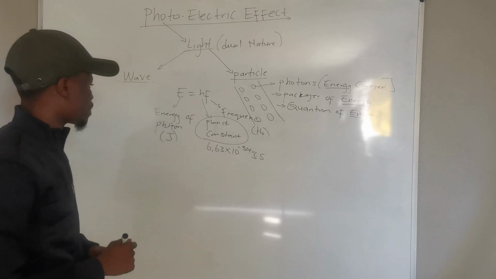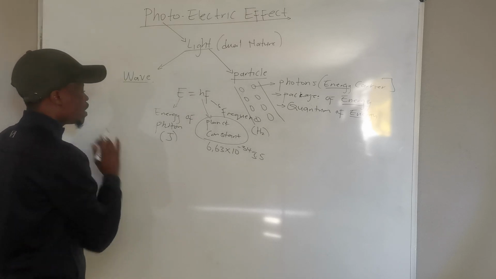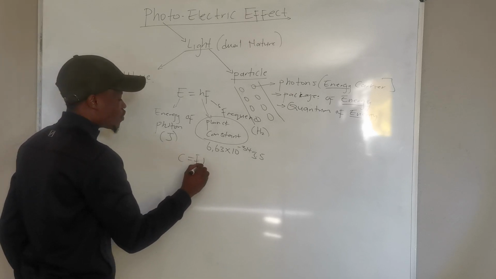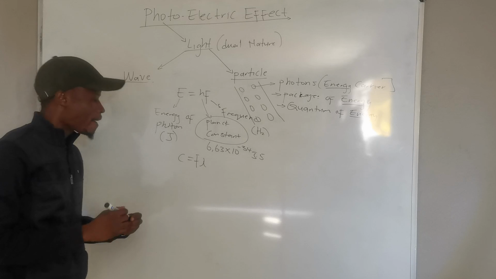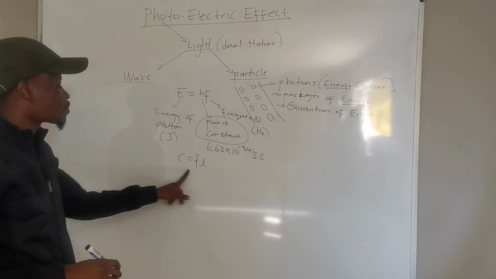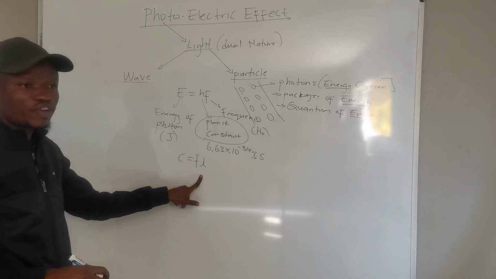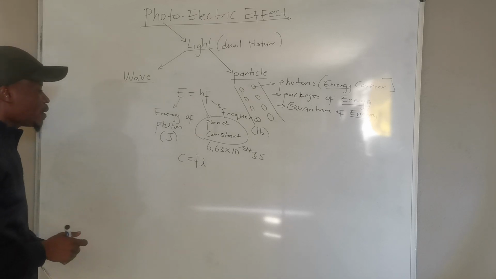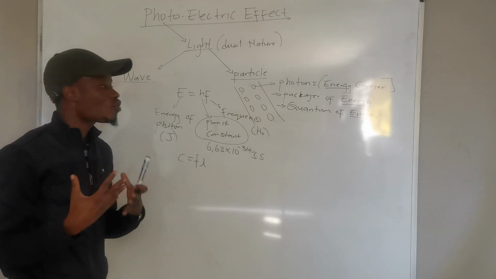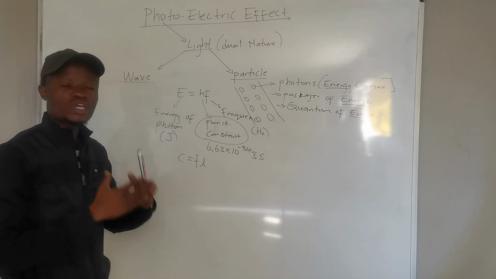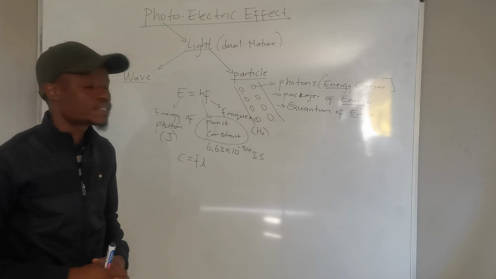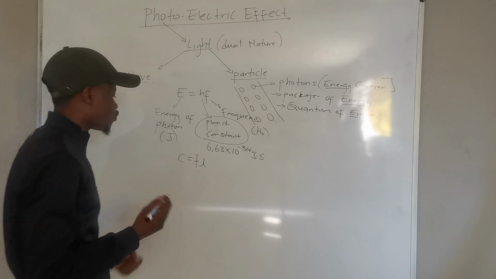And we have seen the equation that the speed of light is equal to the frequency multiplied by the wavelength. The wavelength is measured in meters. So instead of giving you the frequency, we can decide to give you the wavelength and ask you to calculate the energy of a photon.